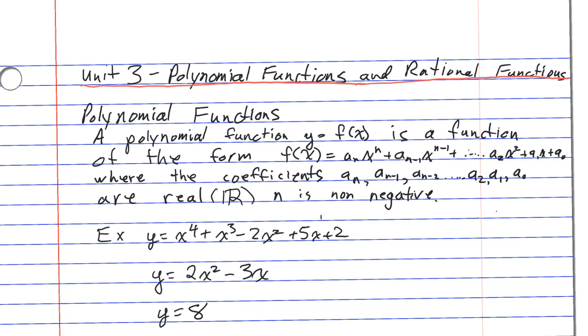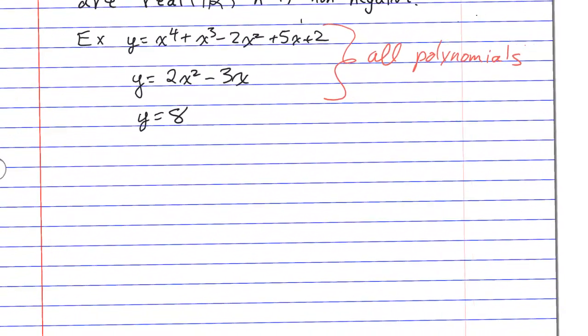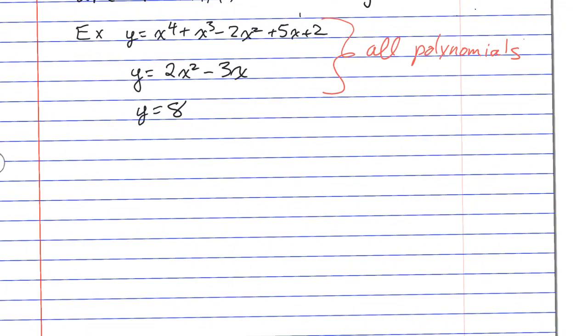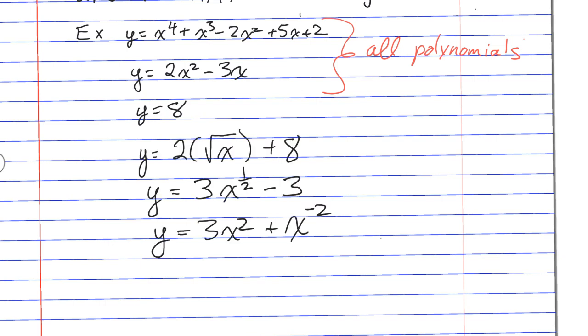So here are some examples of some polynomials. These ones are all considered polynomials. And now here are some examples that aren't. So for example, these ones here, anything with a radical sign, like the first one, y is equal to 2 root of x plus 8, is not a polynomial.